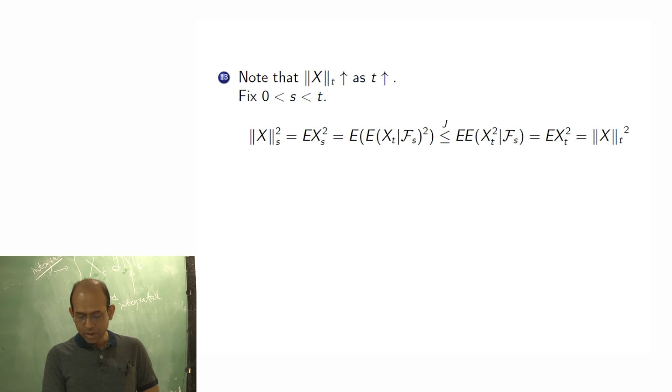Why? Because a convex function of an average is less than or equal to the average of the convex function. So here, the expectation of x_t square given F_s. This double expectation gives me only the expectation of x_t square, and that is the norm of x_t square. So what we get is that the norm of x_s square is less than or equal to the norm of x_t square. This is the same thing as noted before with the submartingale, and it is proved here also.